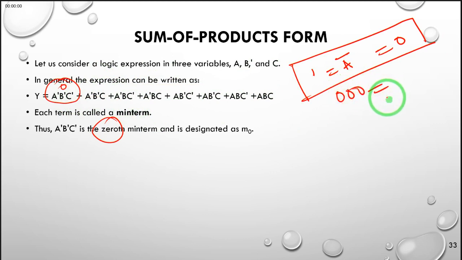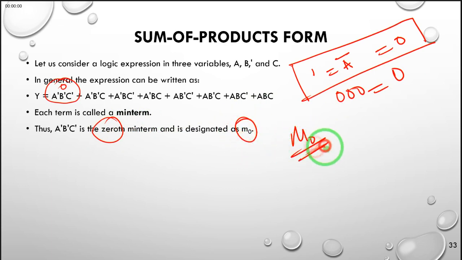If you represent it using binary representation, you would realize that this represents 0. That's why we call it the zeroth minterm, and it is designated as m0, which is small m with 0 as subscript.